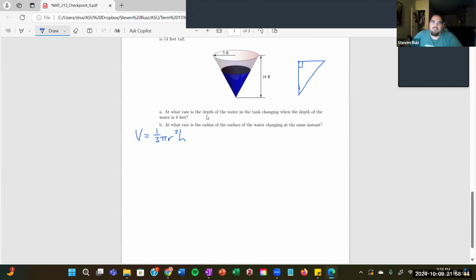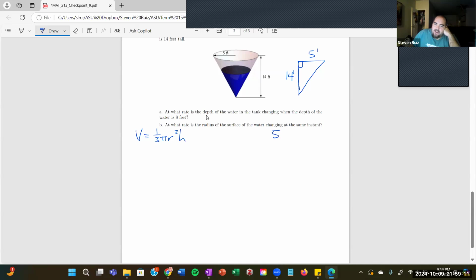I'm going to label these sides 5 feet and 14 feet because that's what the empty tank looks like. But even though the water level can vary in there, it can be less than 14 feet, the ratio of the radius of the water to the height of the water will always follow the same ratio as the overall cone.